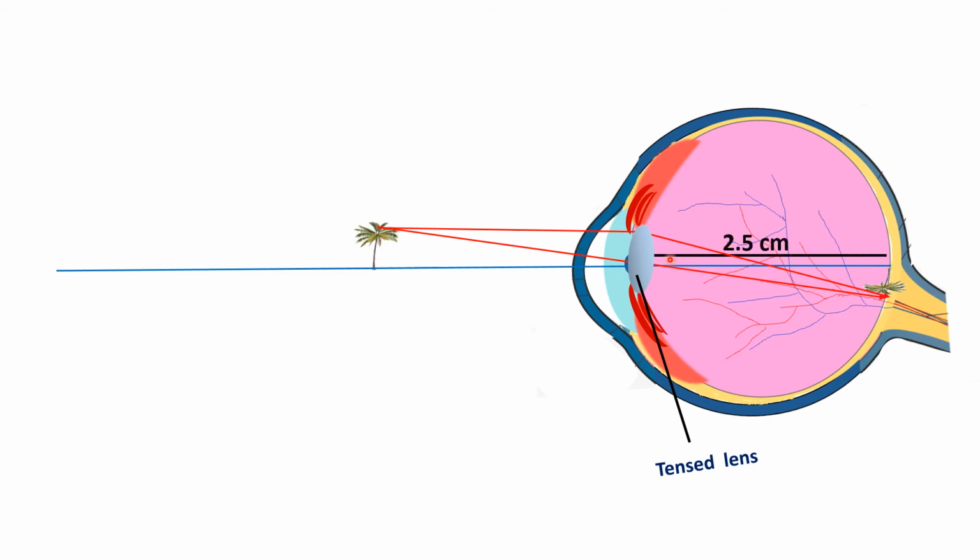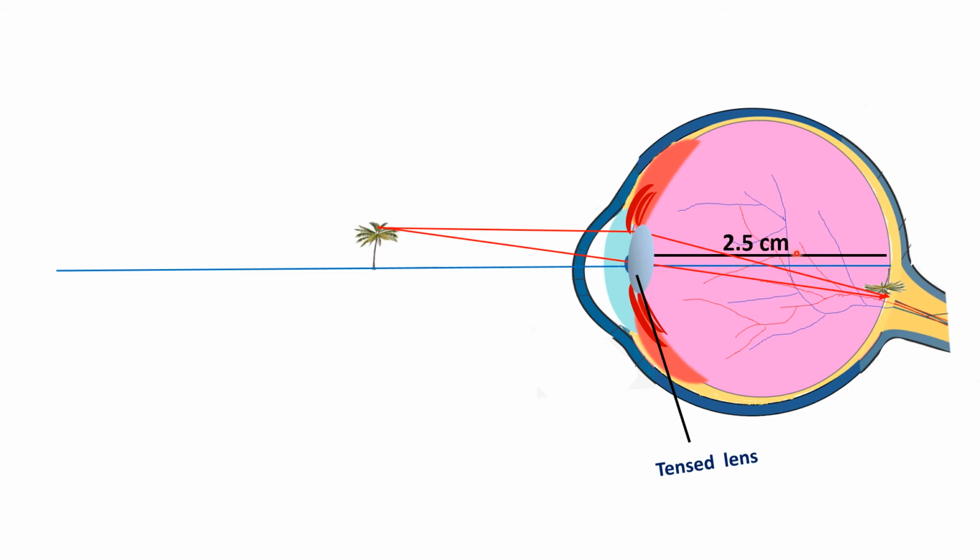So here the image distance is equal to 2.5 centimeters. So even though the object is placed closer to the eye, its image will be formed by the lens on the retina only. It was possible for the eye lens to form the image on the retina whenever it changes its focal length.